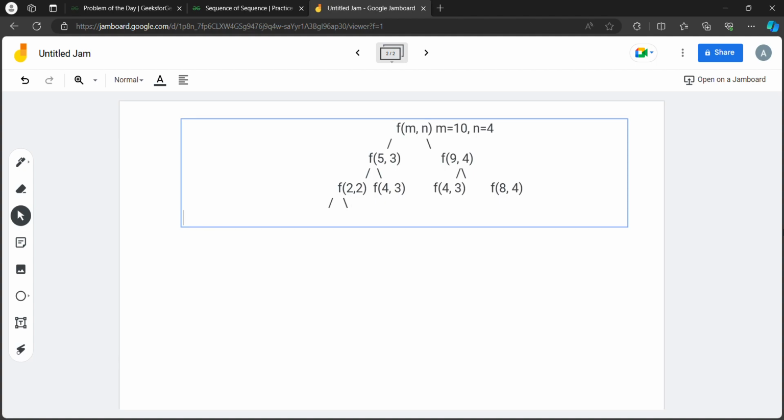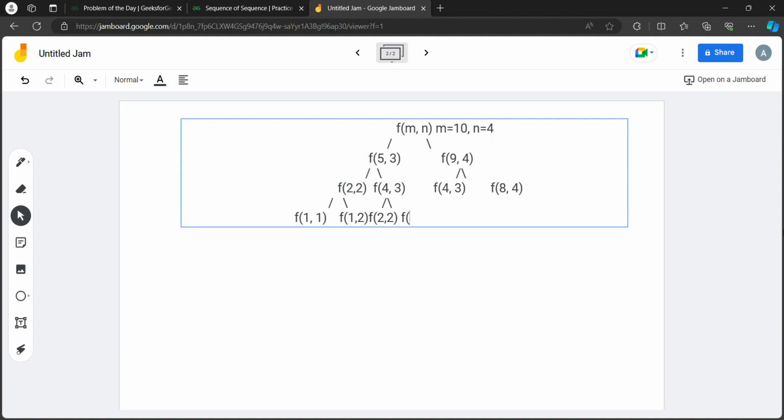For f of 2 comma 2, we do 2 divided by 2, which is 1, and the size is decreased by 1, so it is 1. If we do not go for this, then we decrease by 1 and the size is the same. For this other part, first we go with 4, then it is divided by 2, which gives 2, and the size is decreased by 1, so it is 2.